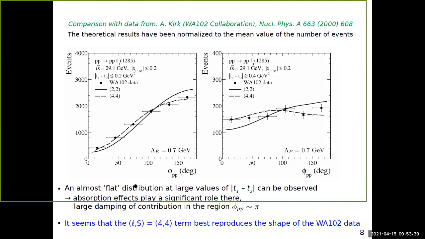And an almost flat distribution at larger values can be observed. This behavior is mostly due to the inclusion of absorption effects, which play a more important role in this kinematical region. And the absorption corrections are suppressed mostly in the region of back-to-back correlation.